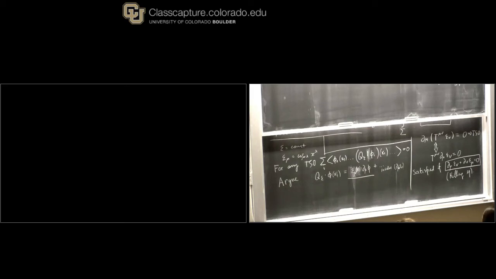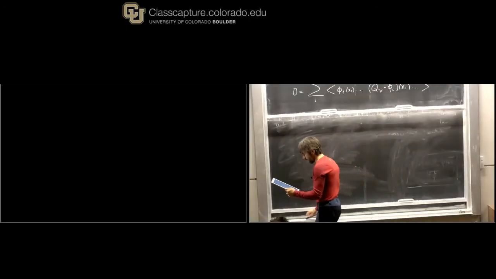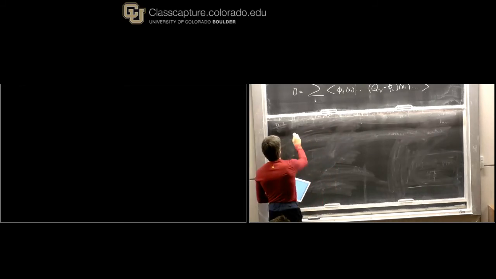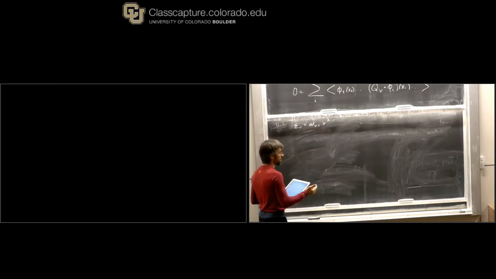So this was pretty general for any possible TSO we might have in the future. But for the moment, we are just dealing with Poincaré theory. So we have just one more TSO at our disposal, which is the one corresponding to epsilon nu equals omega nu lambda x lambda. So let us apply this logic to this TSO.